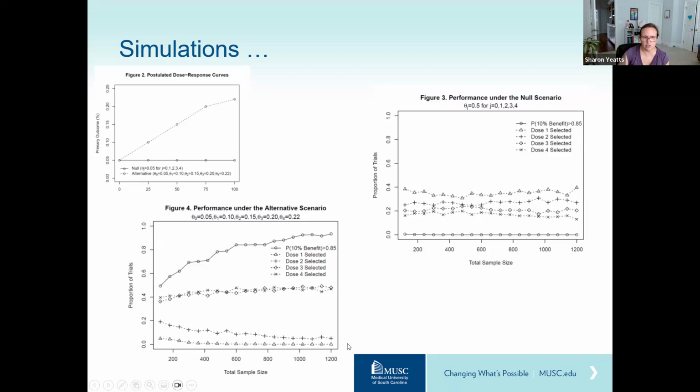The second and the first dose are not selected very often at all. And then we can start to think about if we're okay with these operating characteristics, where does it start to become that the juice for increasing the sample size is no longer worth the squeeze, right? I might say right about here, there are still increases in power beyond that point with increasing sample size, but probably not enough to go beyond a 600.